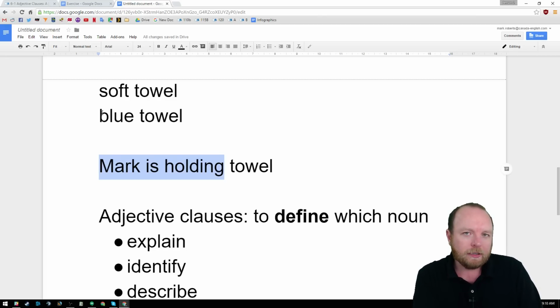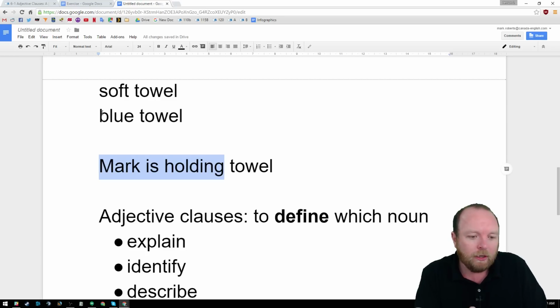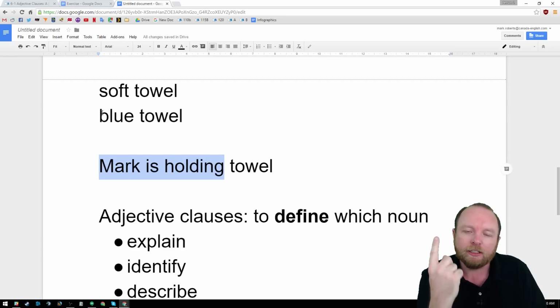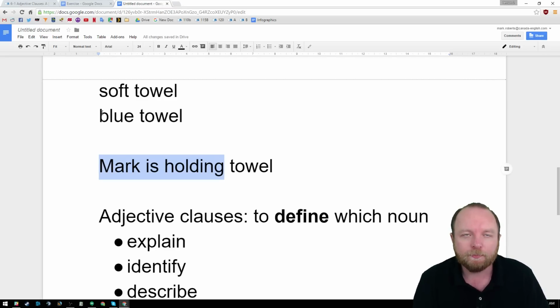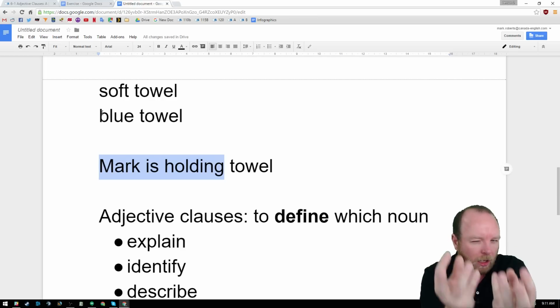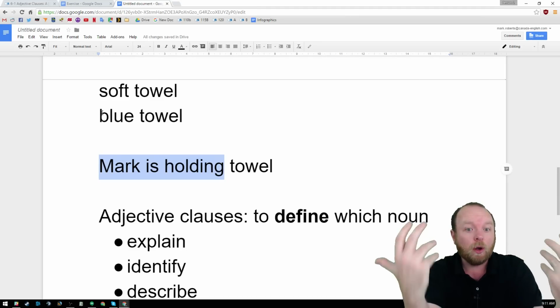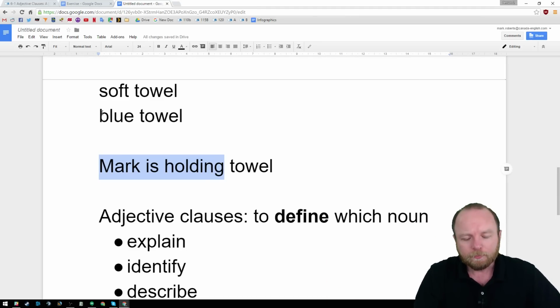So this clause is an adjective, right? Because towel is a noun, and adjectives describe nouns. And Mark is holding, we don't have one word in English for that meaning. We don't have a word that means Mark is holding. So we need to use special grammar. We need to make a clause that describes a noun, okay? So Alejandra, good question. Don't worry, you're going to understand pretty soon.